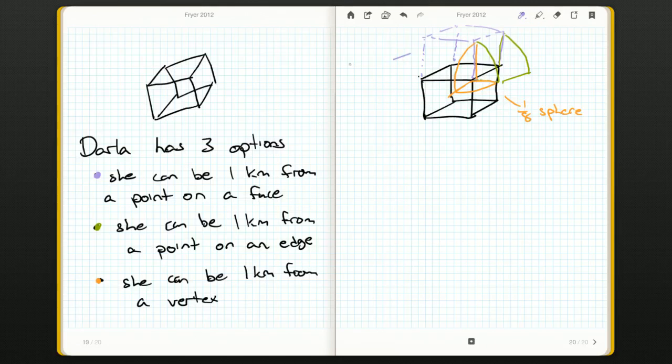This one's a cube, and the green one, which admittedly is a little harder to see now that we added our eighth sphere, is a quarter cylinder. All right.